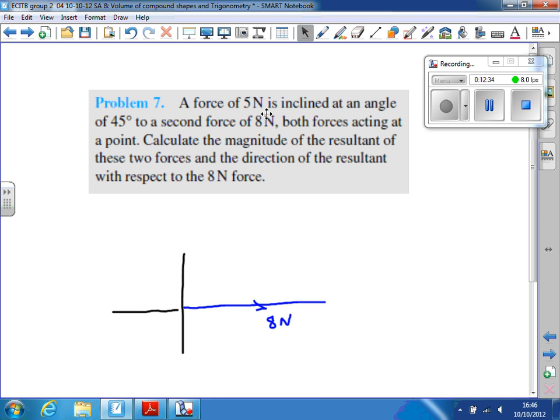And we've got a force of 5 newtons inclined at an angle of 45 degrees to a second force. So 45 degrees to that is going to be my 5 Newton force. And it's plus 45 degrees, so I'm going to go around anti-clockwise following the convention. So this angle here, 45 degrees.